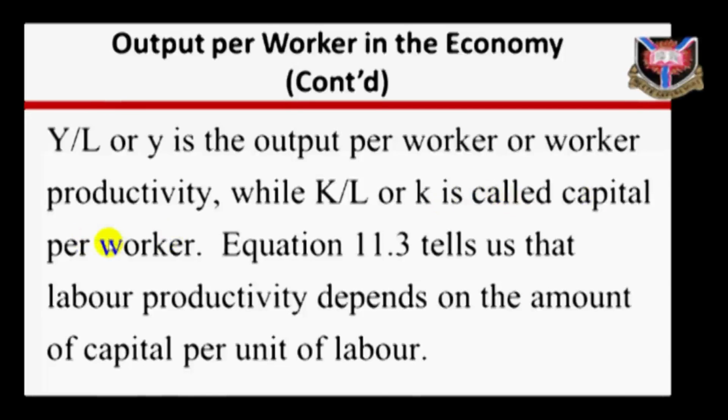Let Y over L equals y and K over L equals k, we can write equation 11.3 as y equals F of k and 1. This is called the production function in intensive form.